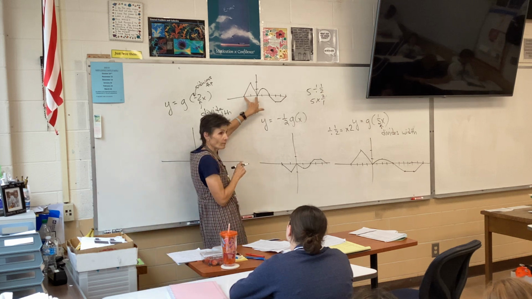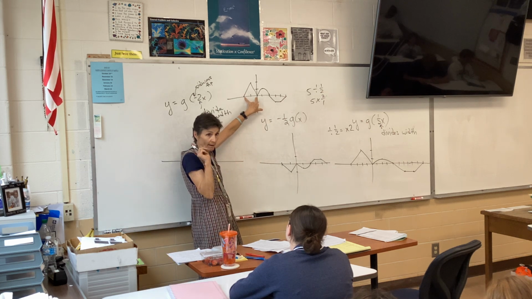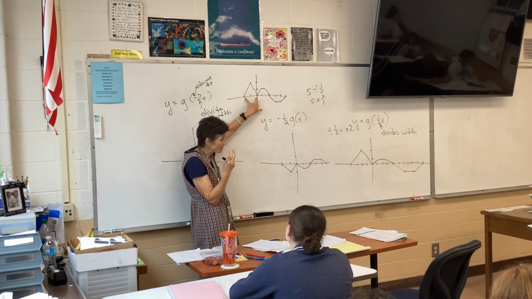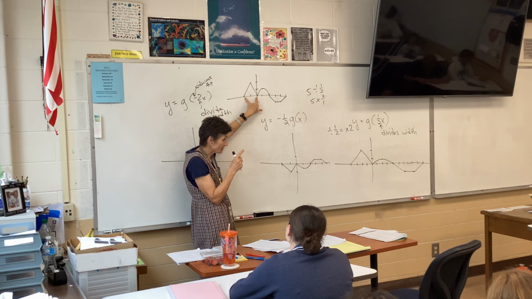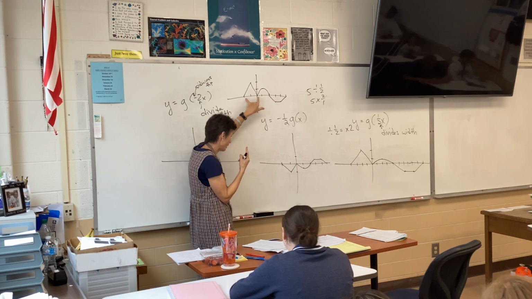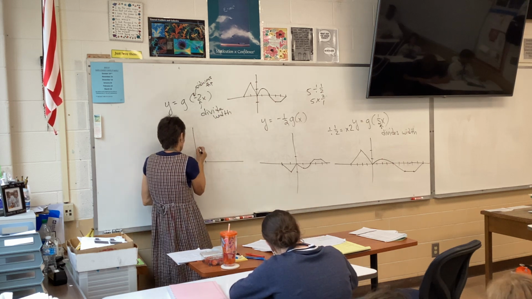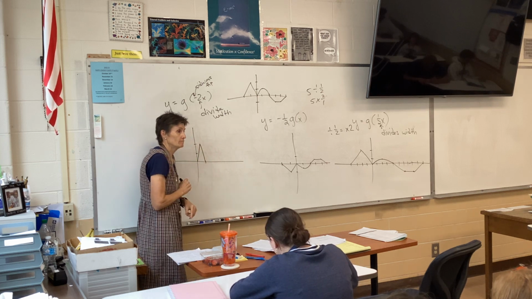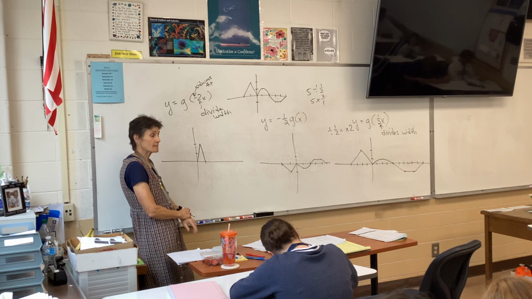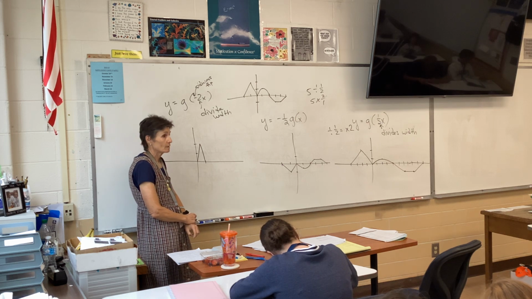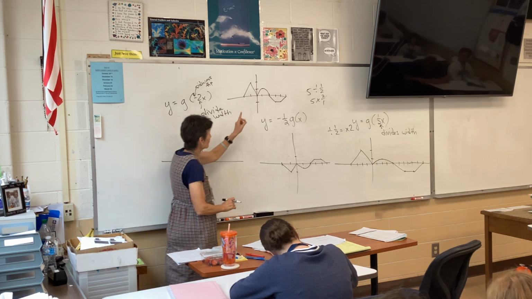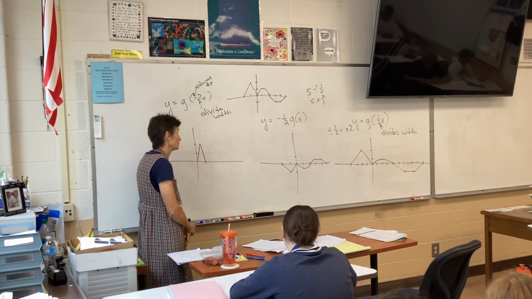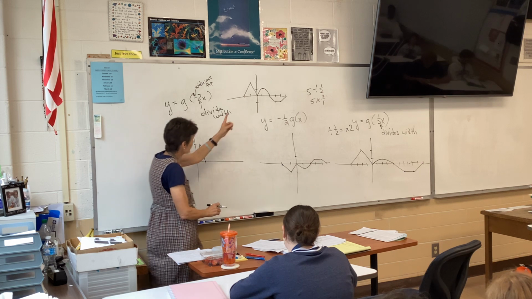So see this triangle right here? It's on the left and it's 2 wide. Now it's going to the right and it's only going to be 1 wide. Notice I didn't change its height. A number out in front does that, right? All right, here's my semicircle.